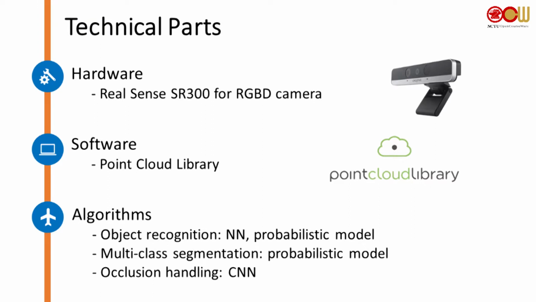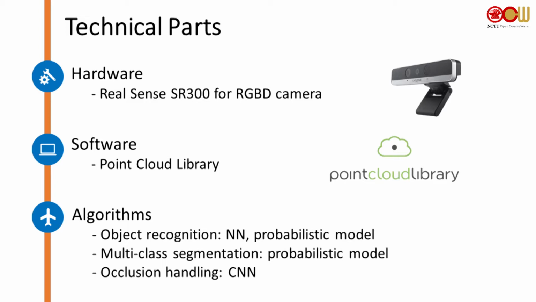And this is the technical part we will use. For hardware, we will use the RealSense SR300 to capture our RGBD images, and for software we will use the Point Cloud Library to calculate our point cloud data. For algorithms, we will split into 3 parts: object recognition, multi-class segmentation, and occlusion handling.